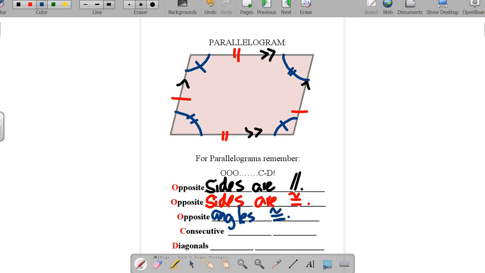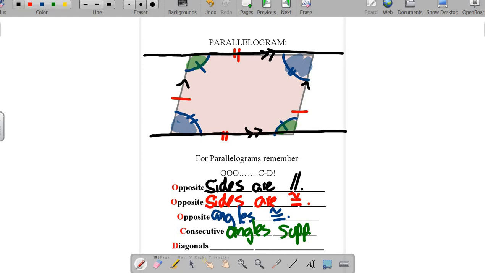Third quality is that the opposite angles are congruent. So these angles are going to be congruent to each other in a parallelogram, and these angles are going to be congruent to each other in a parallelogram. This is easier to see. A parallelogram has parallel sides, so let's stretch them out.